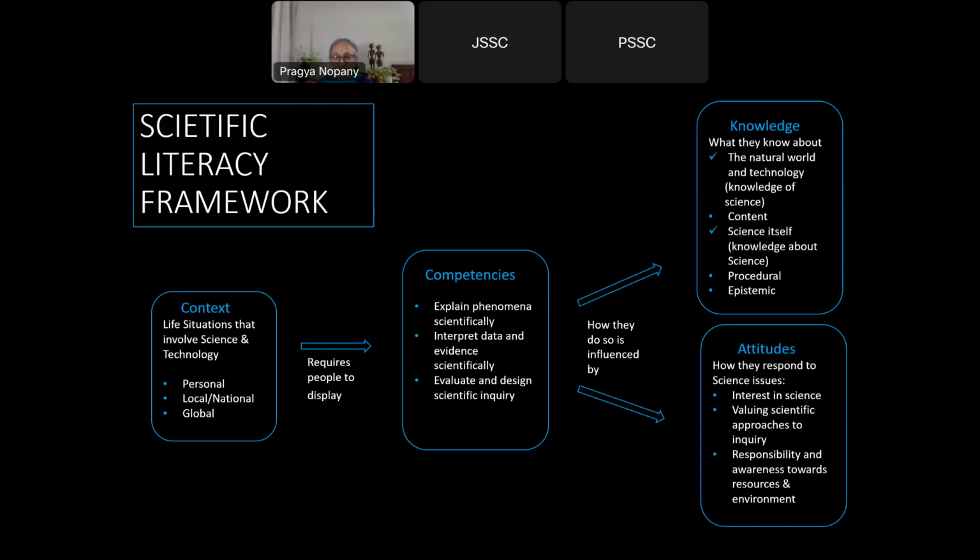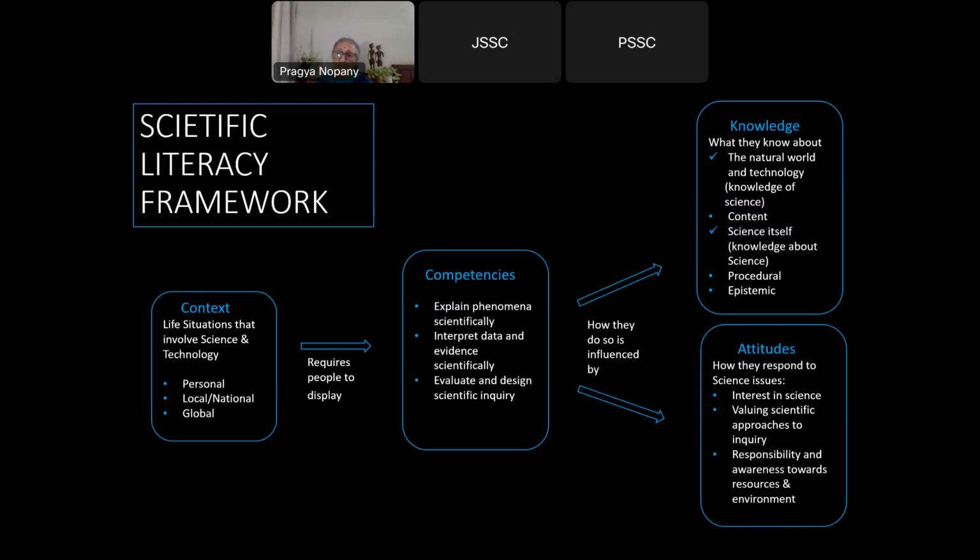All these things are the scientific competencies that they will have to have, so that they can live in that continuously changing world. So the task in front of us is this: how do we develop these competencies? And that is why we are talking about competency based science education.